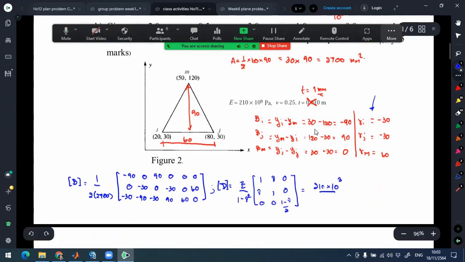Divided by 1 minus 0.25 squared, with 1, 0.25, 0.